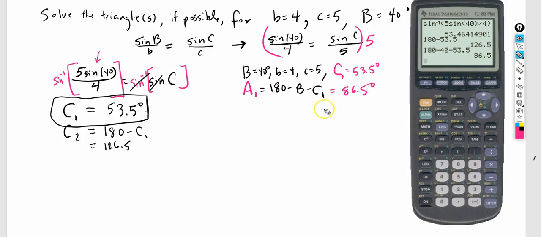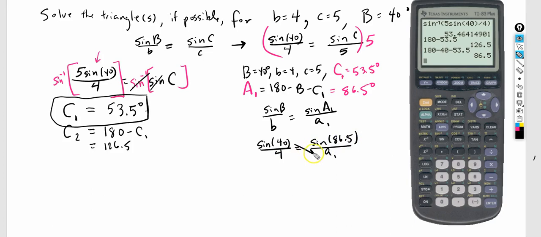And then I just have to find the side associated with angle A. And so again, I'm going to use this form because we already have B, angle and side. And so I just need to figure out what that side a1 is going to be. So I can cross multiply.